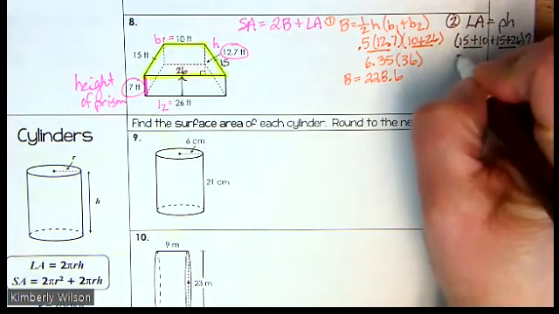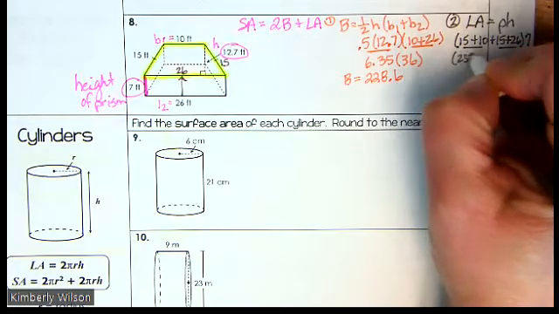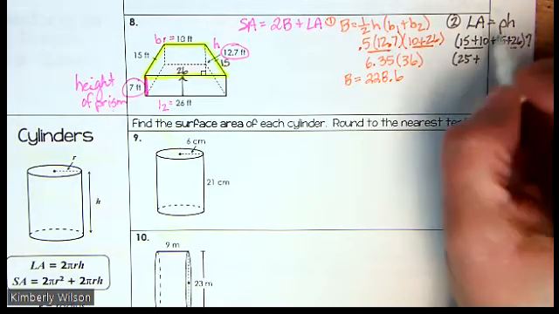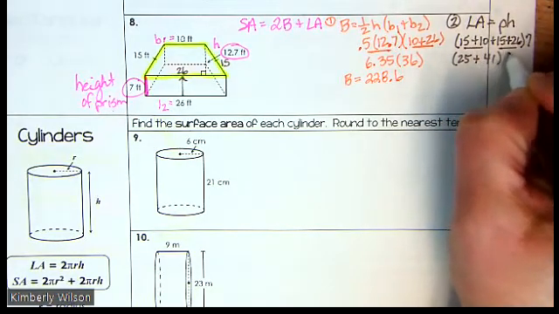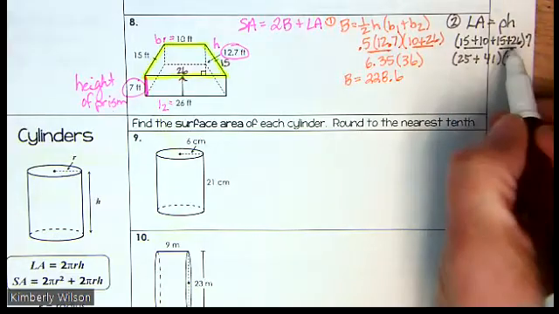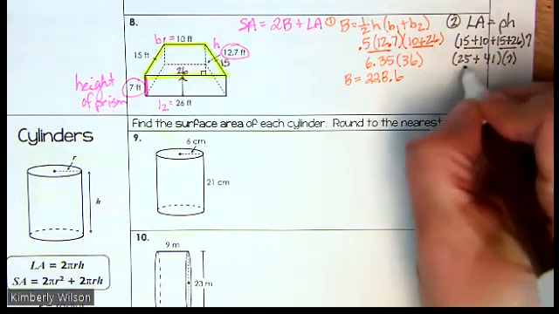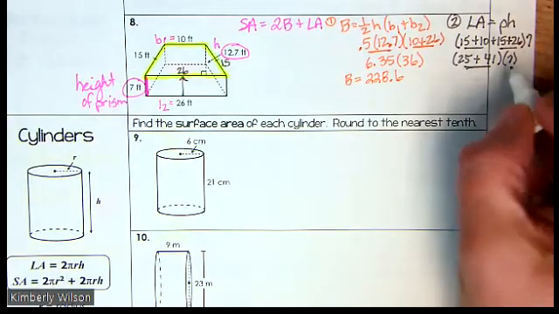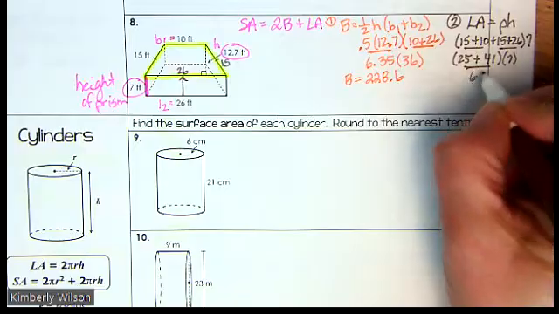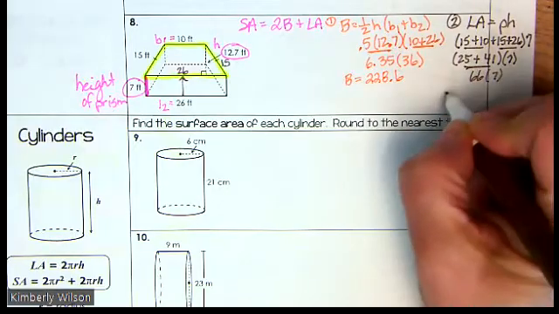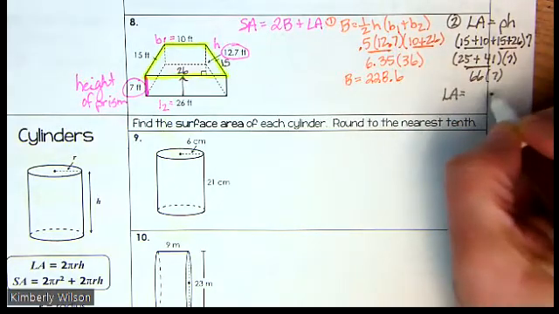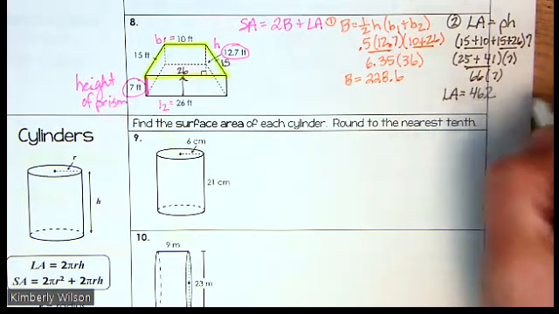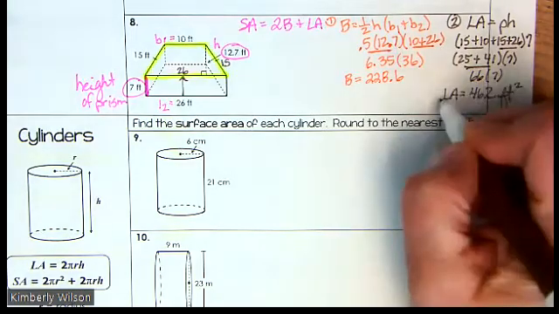So I'm going to end up with 25 plus 41 times 7. Yep. Add this together, and we end up with 66 times 7. So therefore, the lateral area is equal to 462 feet squared.